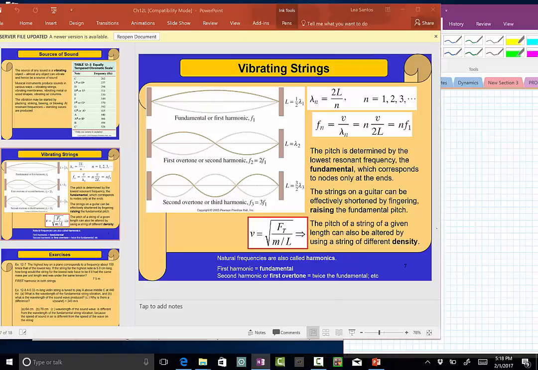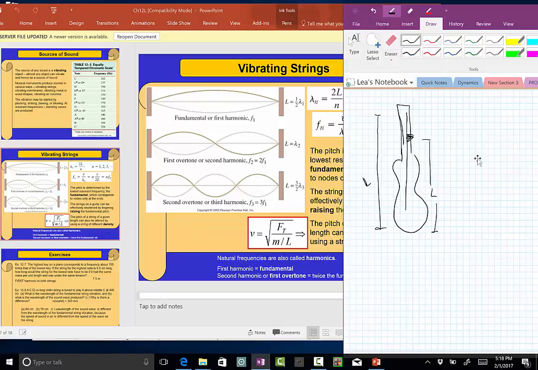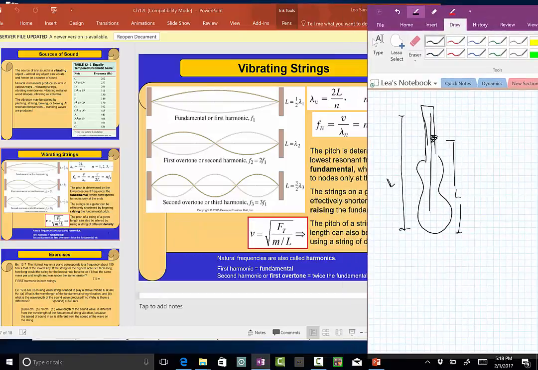Let's look at the equation for the frequency. The frequency of the harmonic n is equal to nv divided by 2L. All right.